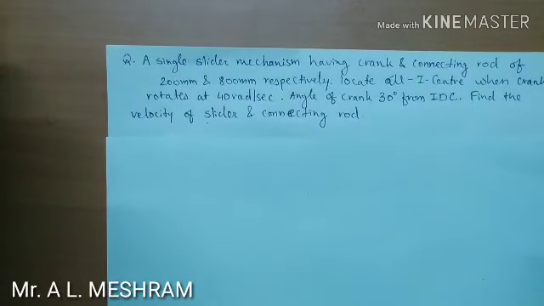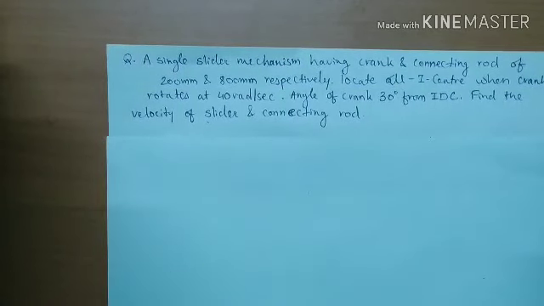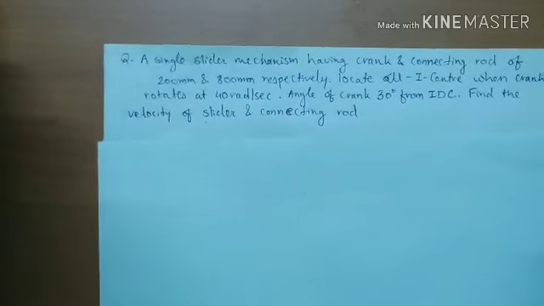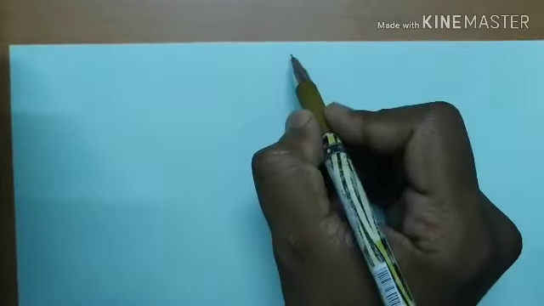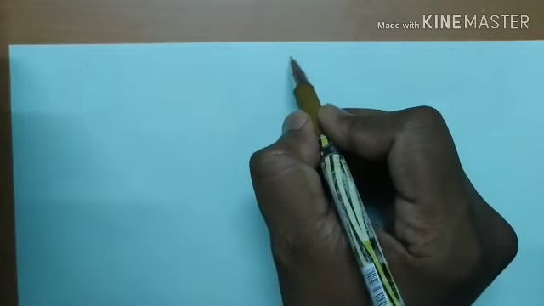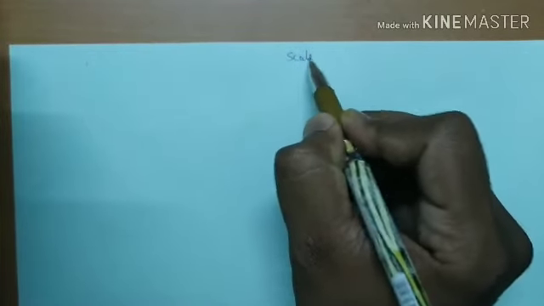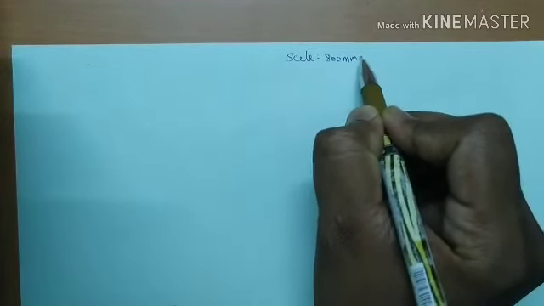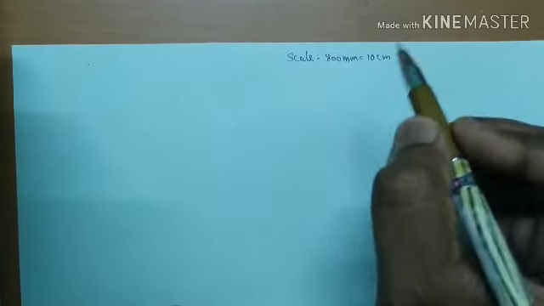As they have said a single slider crank mechanism, first of all we have to draw a single slider crank mechanism. Now before drawing it, we have to select a particular scale, that is 800 mm equals 10 centimeter.